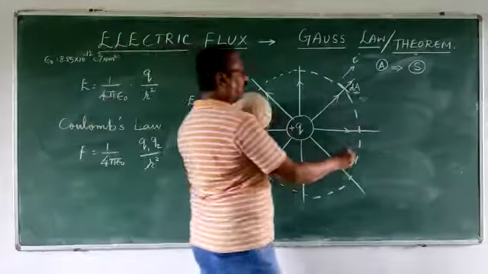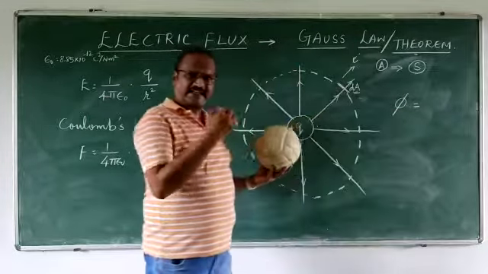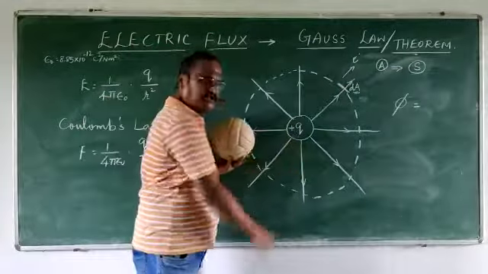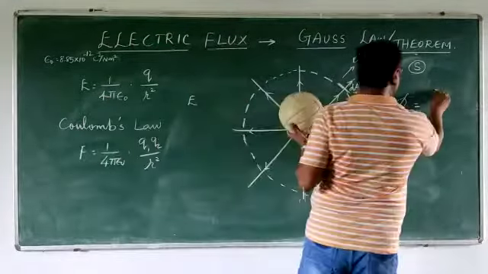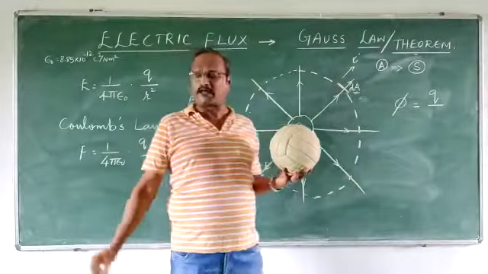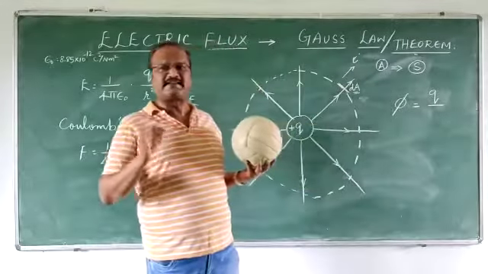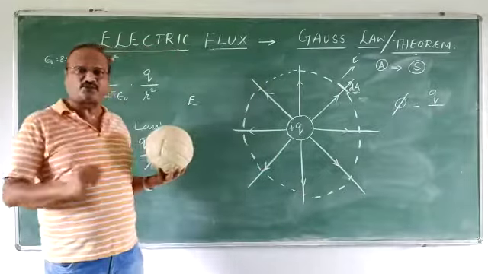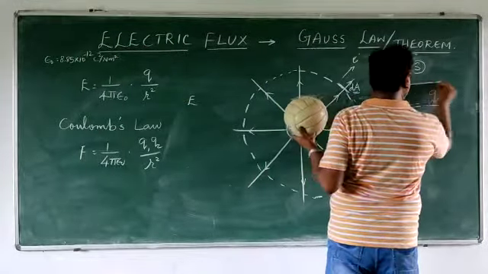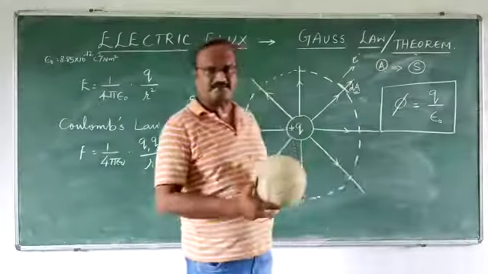So, the electric flux phi is equal to, what is the cause of the electric flux? Is it not this charge? So, charge divided by epsilon naught, where epsilon naught is the permittivity of free space. And this is called Gauss law or Gauss theorem.